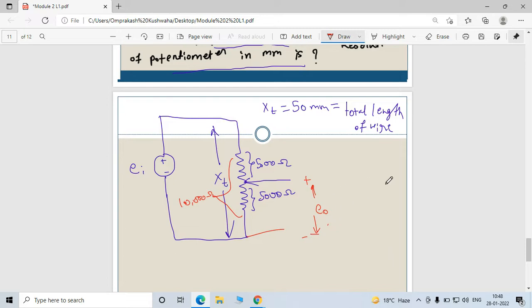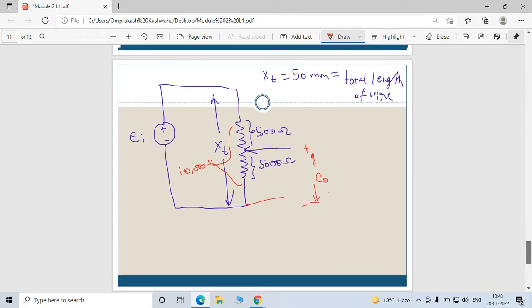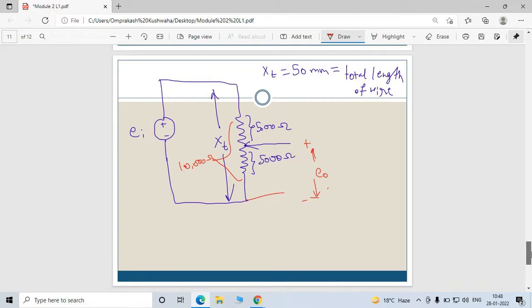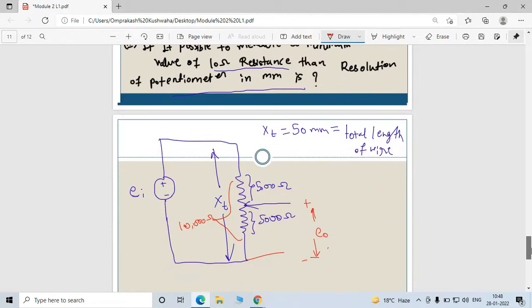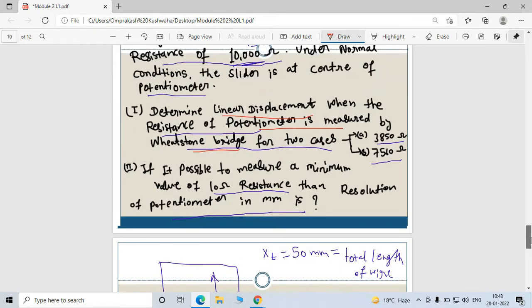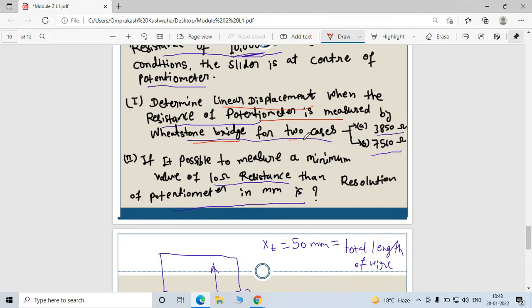These are the data provided in your question, and they first ask you to determine the linear displacement when the resistance of the potentiometer is measured by the Wheatstone bridge, with two cases, with this and this.